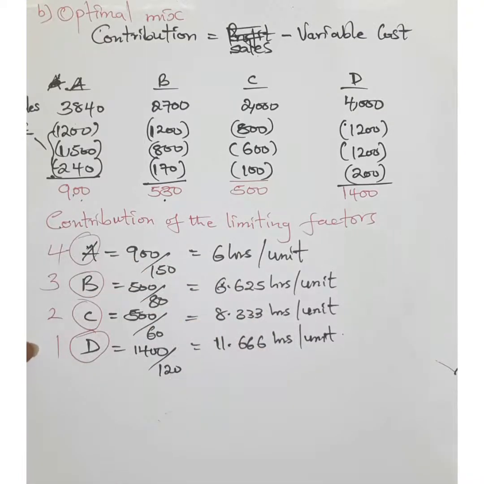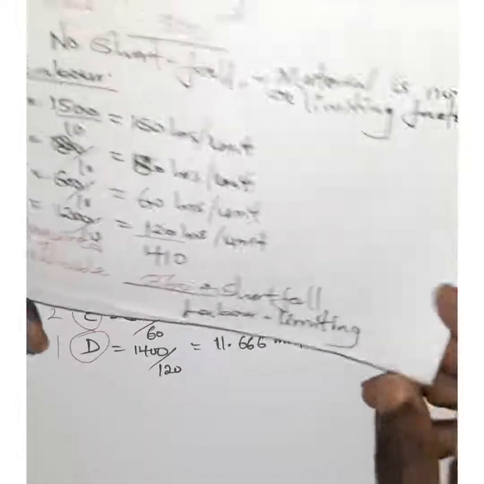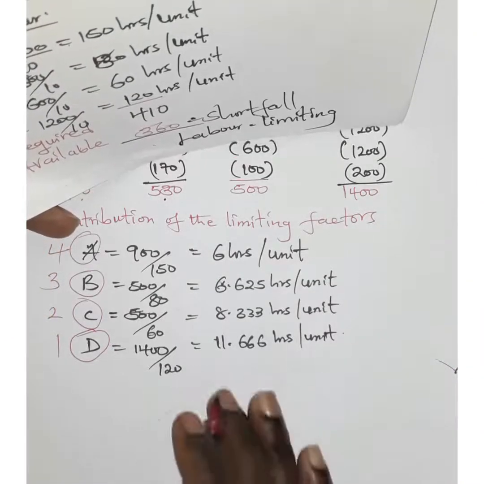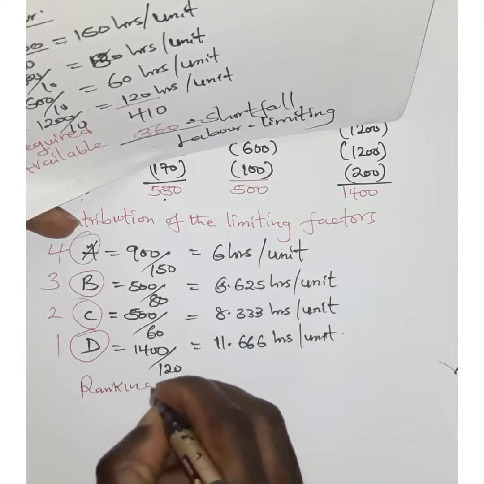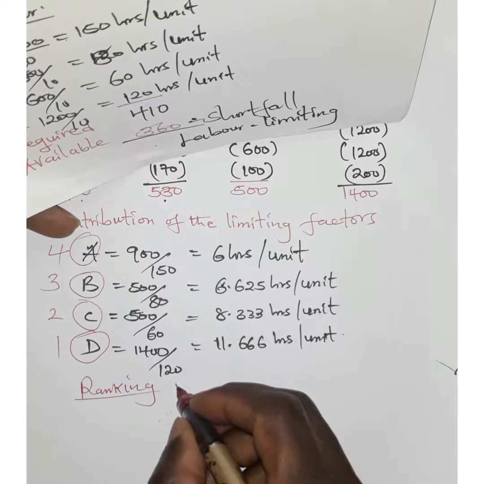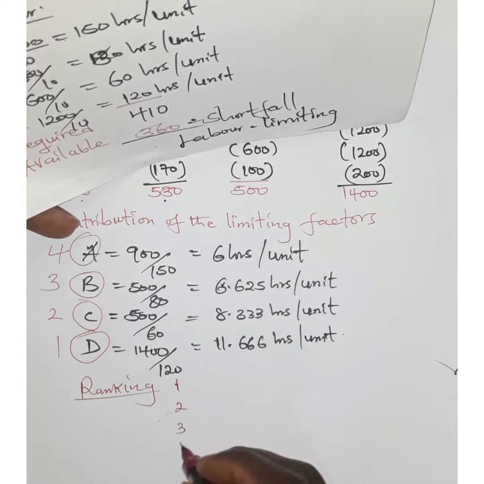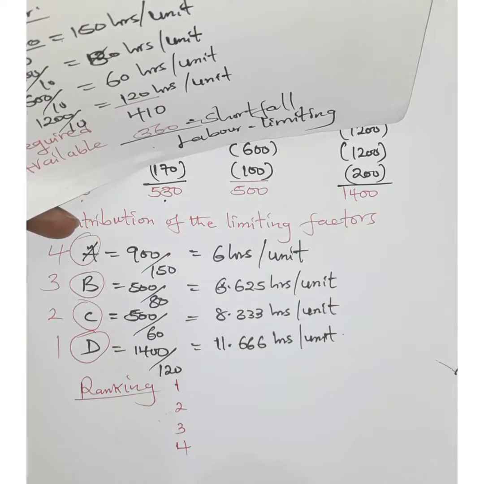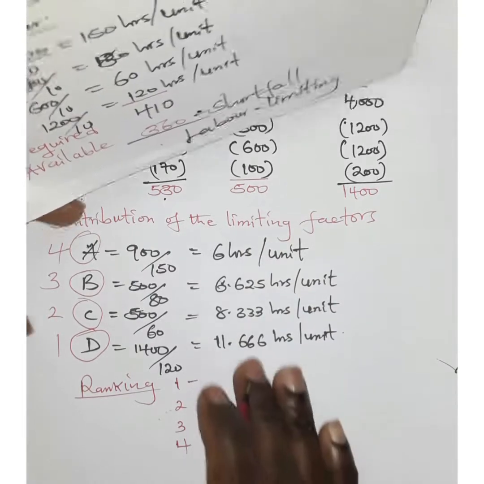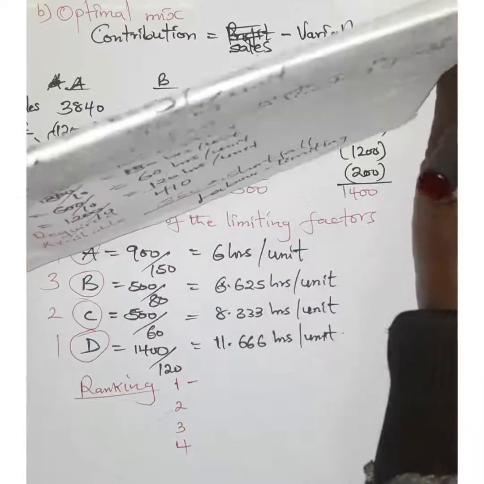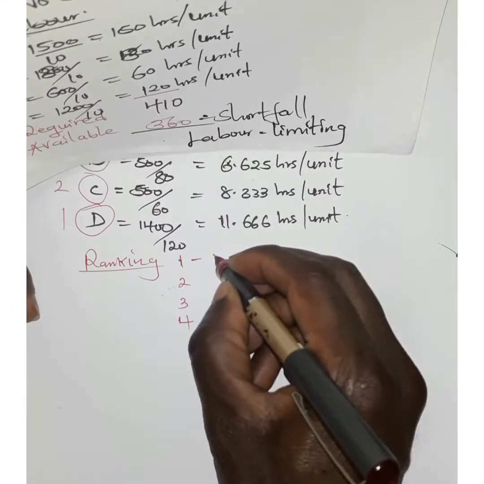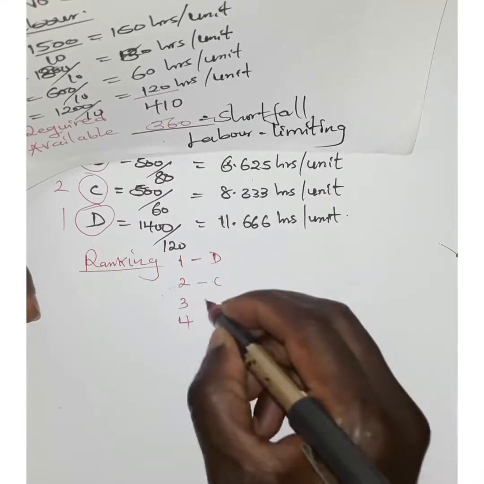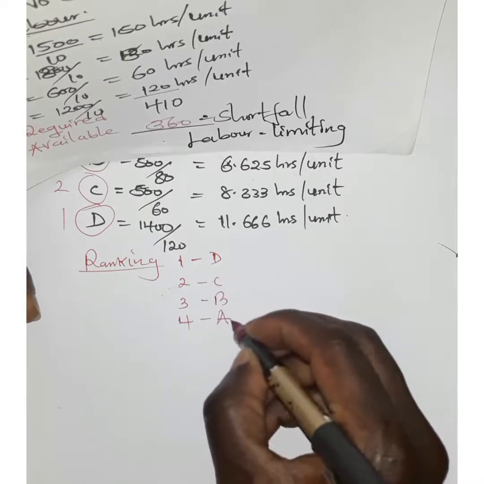Then the fourth rank will be that particular case. So we have the ranks, 1, 2, 3, 4. In number 1 we shall have D, as we have illustrated. Second is C, third is B, then the fourth one is A.